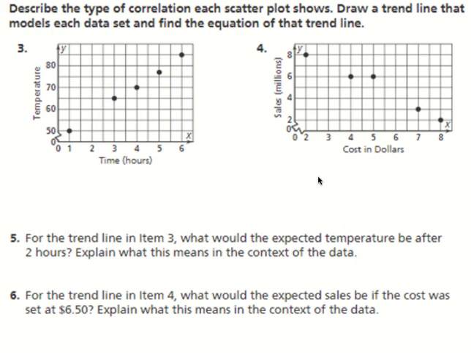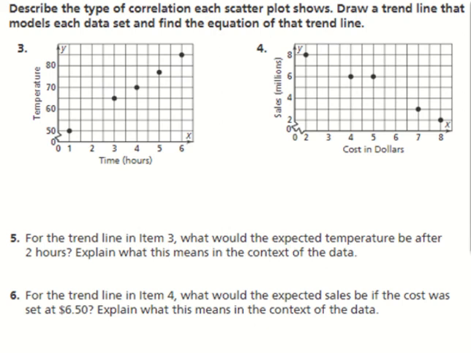Okay, so we are going to describe the type of correlation for each scatter plot. We are going to draw a line of best fit for our scatter plots, and then we're going to find the equation for our line of best fit, or our trend line, so that we can answer questions 5 and 6 below to make our predictions. So first thing to do here is to decide what kind of correlation this would be.